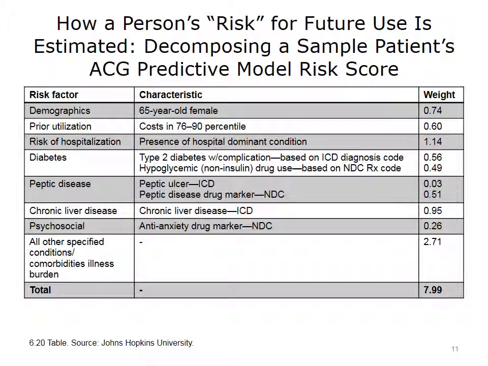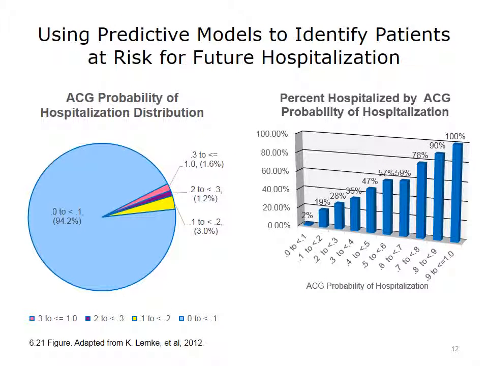Once the persons in the population have been ordered from low to high, one can identify the subgroup who are, say, in the top 5% or 1% of scores. These high-risk persons can be targeted accordingly using population health interventions.